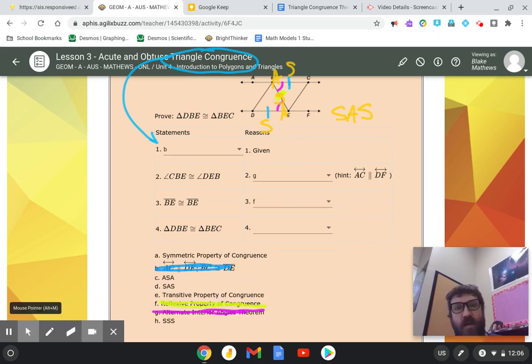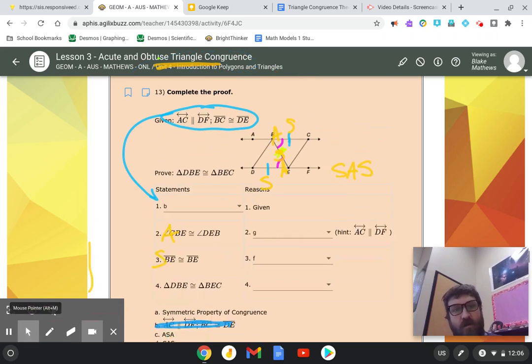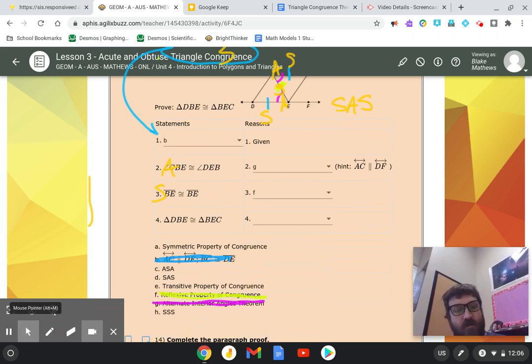Well, we didn't use side, side, side because we had an angle in there. And we didn't have 2 angles. We had an angle and a side here, an angle here, and up here in the original statement another side right here. And so it's going to be side, angle, side, which is answer choice D for number 4.